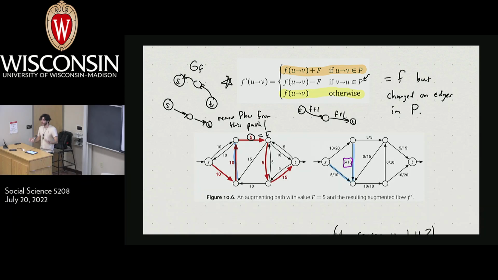We had 10, we maxed it out before, and now we've removed 5 from it. Now this one's a forward edge. It existed in the original graph, and so we're adding to it. We add 5 to it. This one is another reverse edge. So this one here is telling us to remove some flow from that edge. Essentially, it's telling us adding flow to that edge was a mistake, and we need to backtrack and undo that decision. And then lastly, we add some flow to that edge.